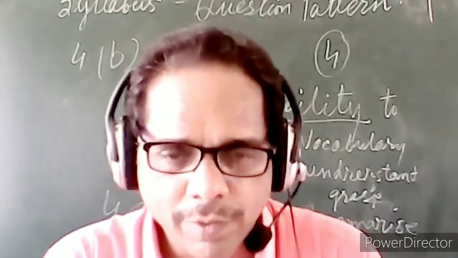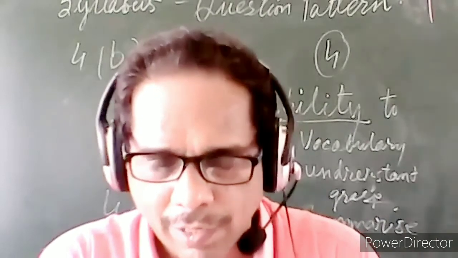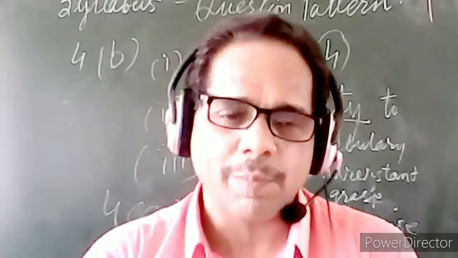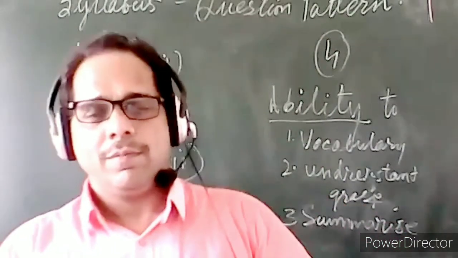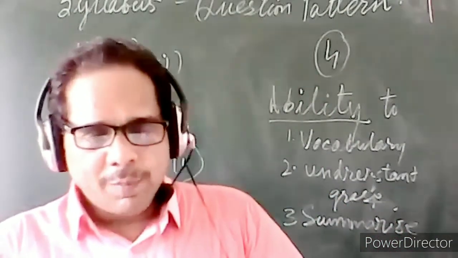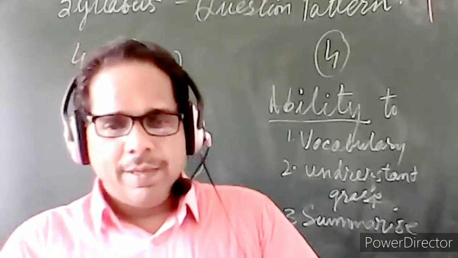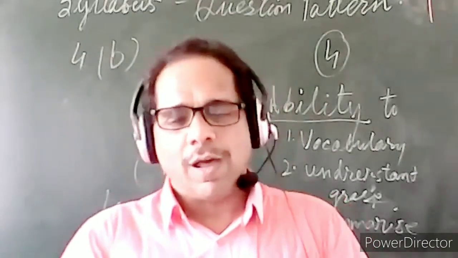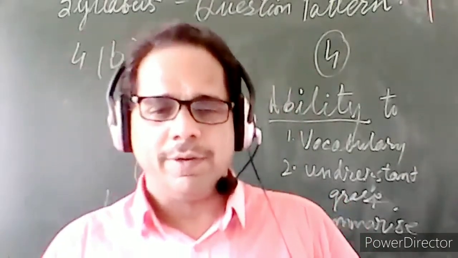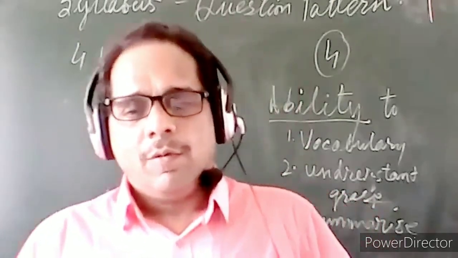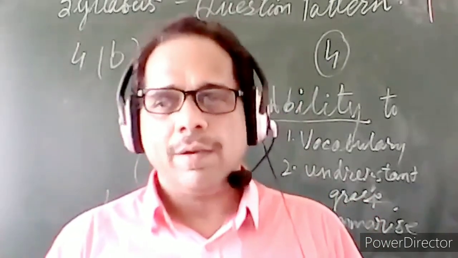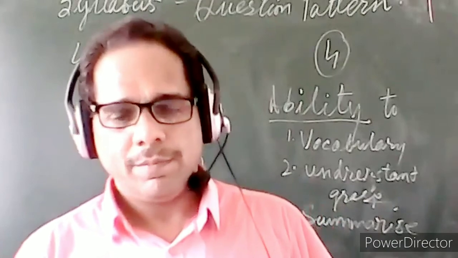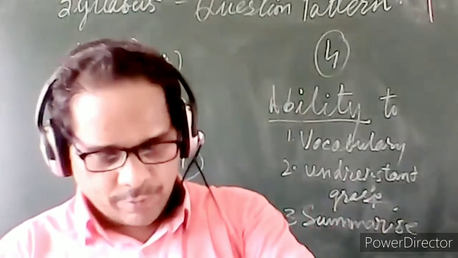Question B, 1, 2, and 3. Question C, only C. So C, we need not bother about so much because summary writing you are somewhat familiar with. And 4B also you are familiar with. You know how to answer the questions. Only 4A, 1 and 2 you will have to study. So that's what I wanted to share with you.